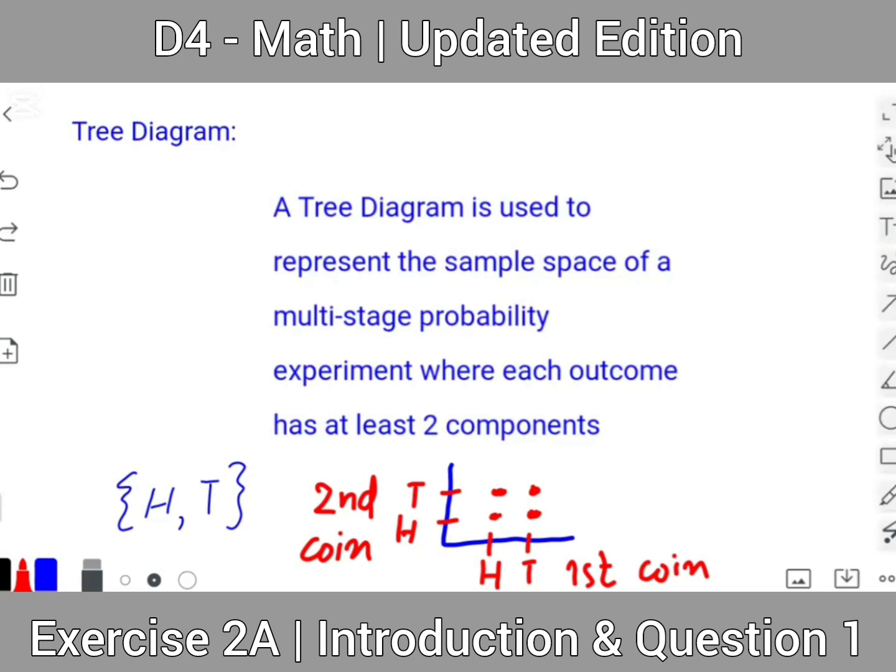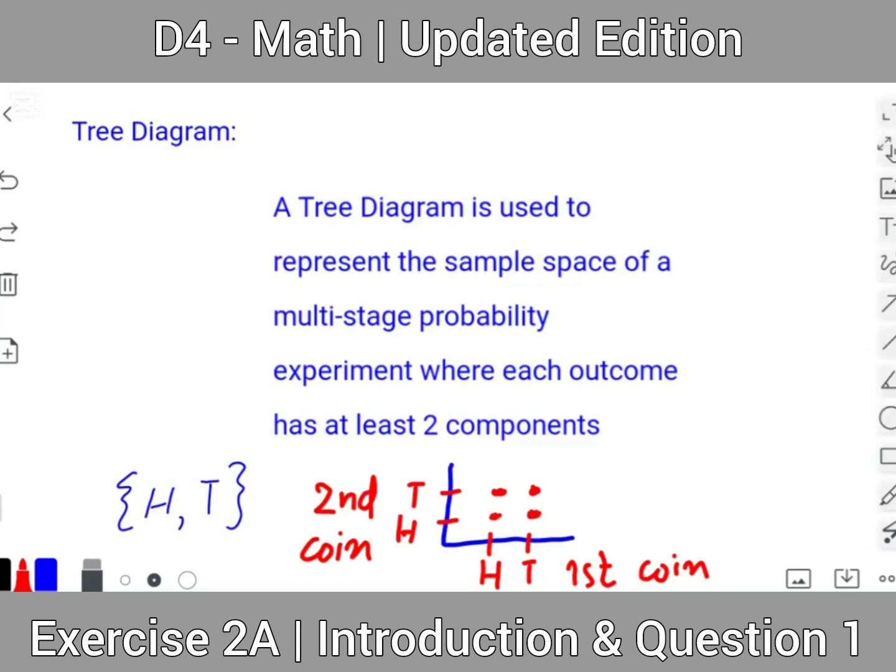So let's think, if we want to toss three fair coins, then how will the sample space be represented?